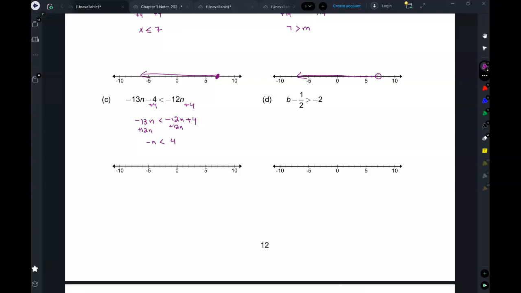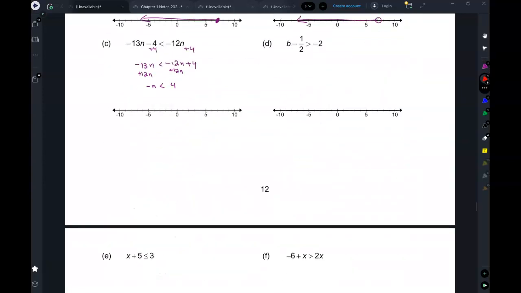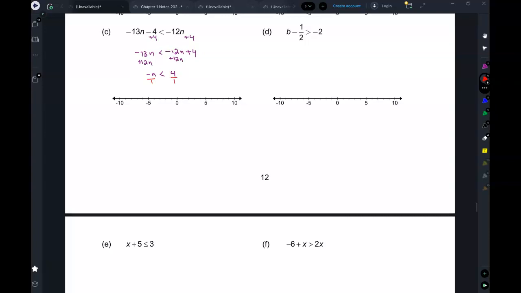Okay, now what do I have to do? Divide by the negative. But don't you have to flip? Yes, divide by -1. The rule is whenever you divide by a negative, you've got to flip the sign. So this will be n, and here I get -4. But then I have to flip the sign so it'll look like that.